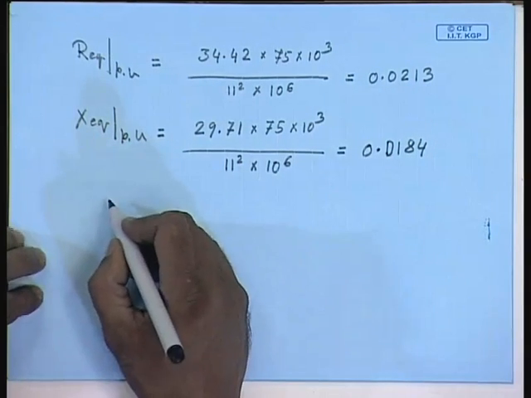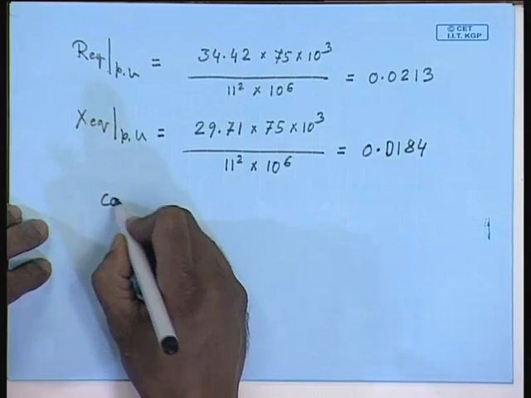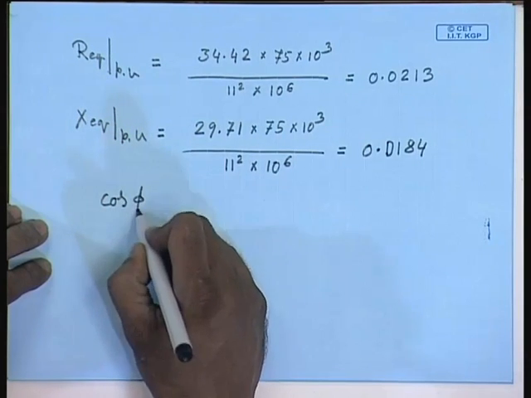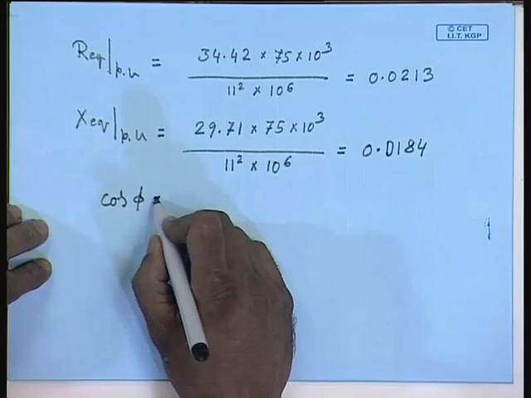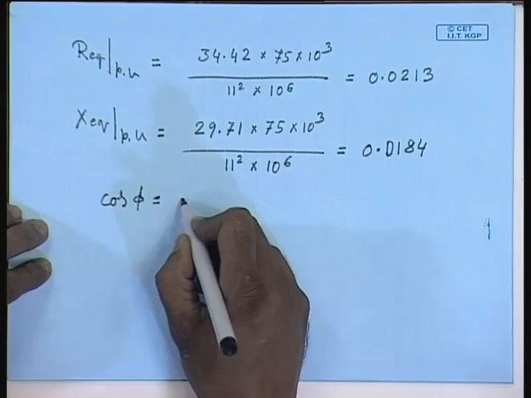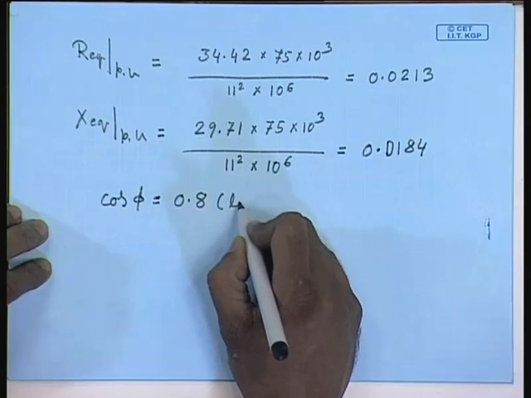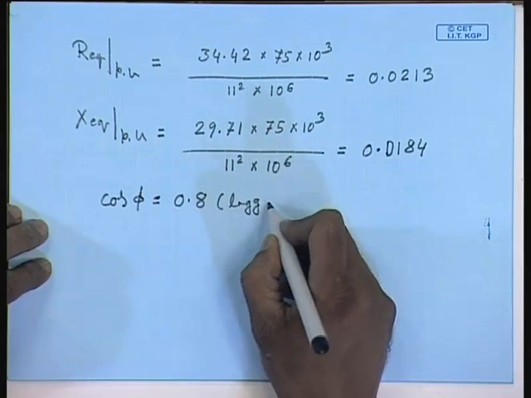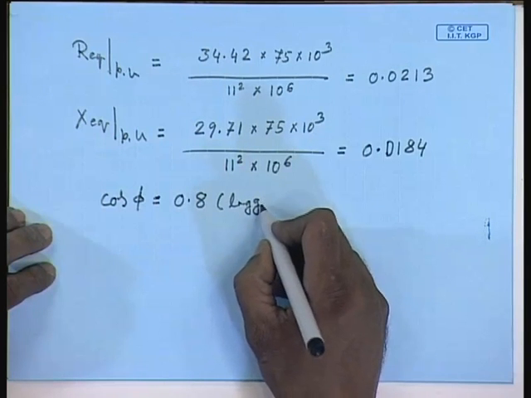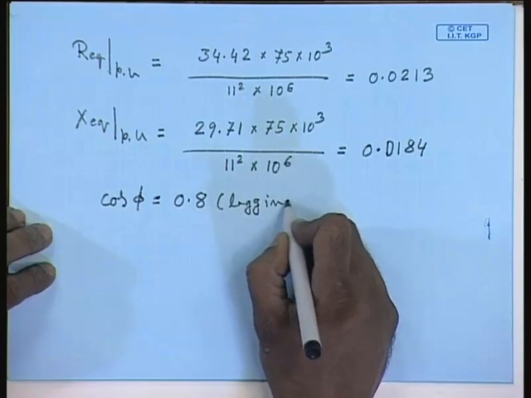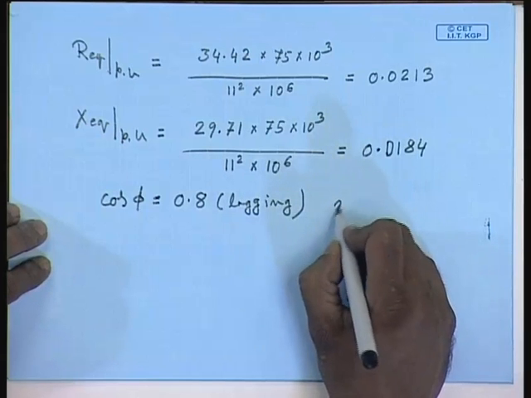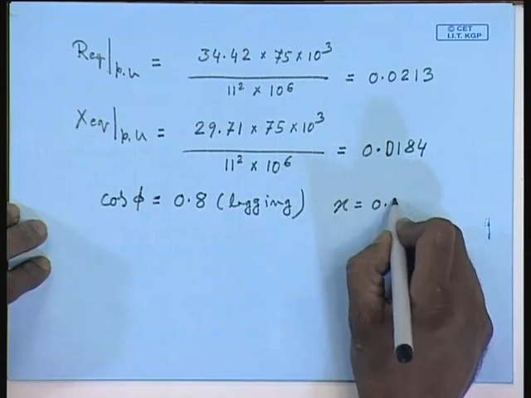And cos phi, let us say this transformer is loaded at a power factor of 0.8 lagging, and at half load, that is x equal to 0.5.